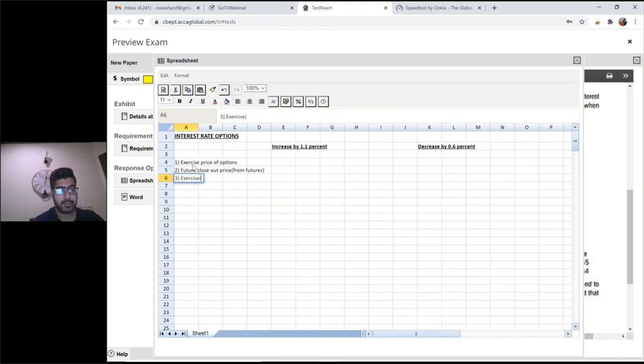Third, exercise yes, no. Fourth, gain in basis points. If yes, obviously if it's gain, then only it's yes.